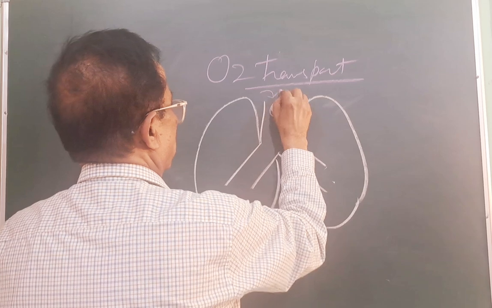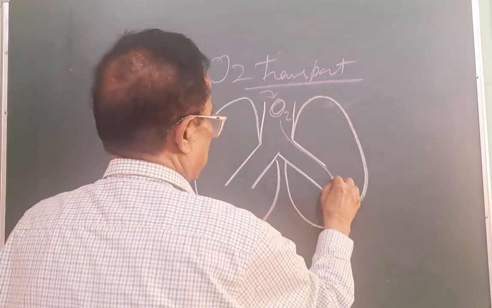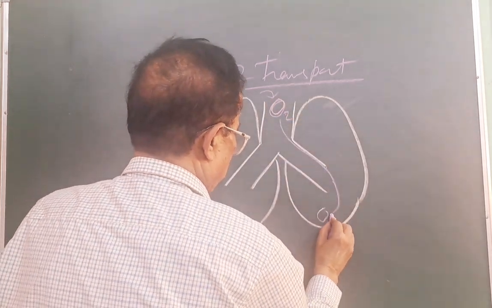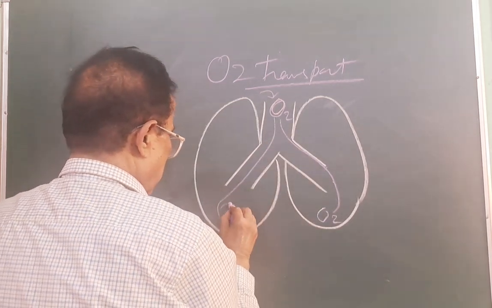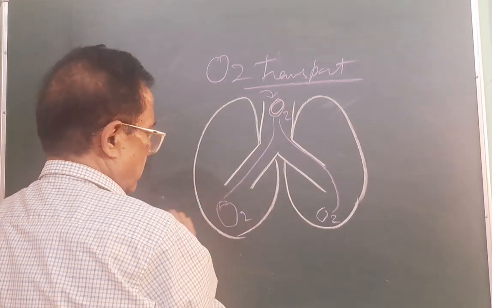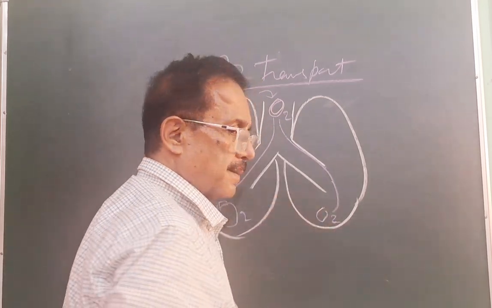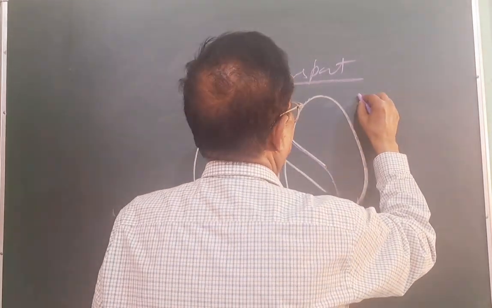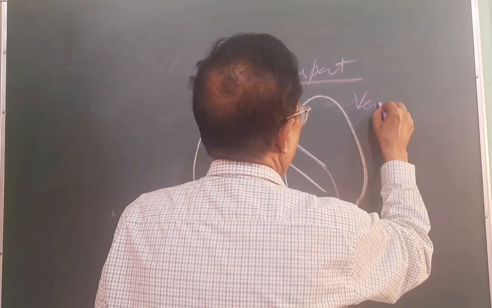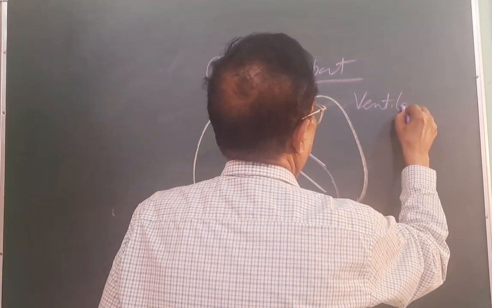From air during inspiration, oxygen comes into the lung, where the partial pressure of oxygen is more. This stage is known as ventilation.